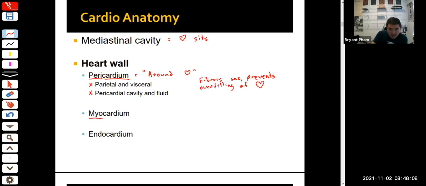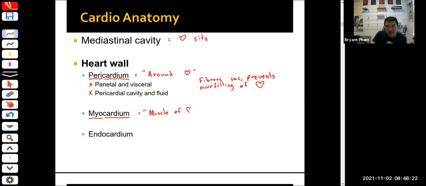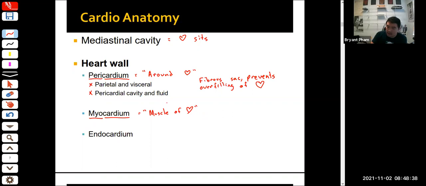Then, therefore, myocardium. What does that translate to? Muscle of the heart. Perfect. What's the one job your heart has to do? Pumping blood. Pump, absolutely. Therefore, this is going to be the thickest layer.